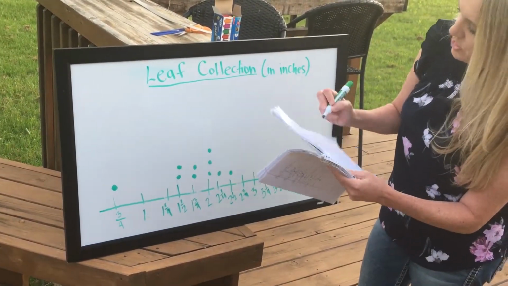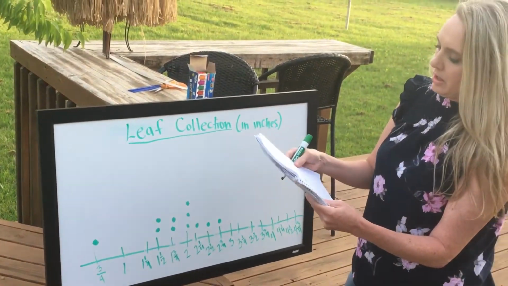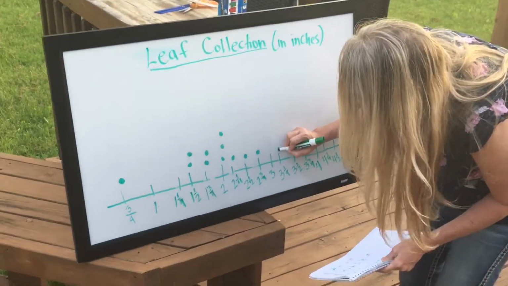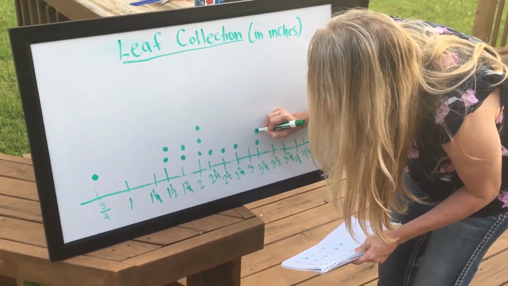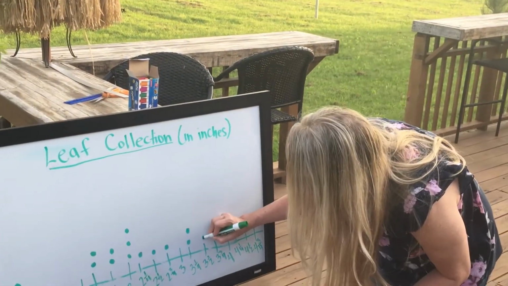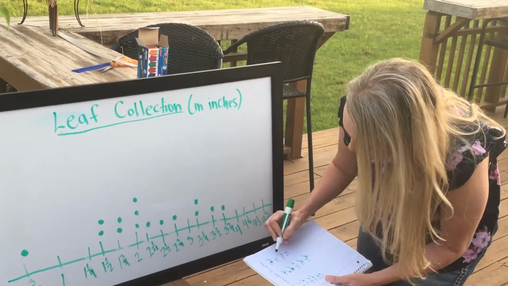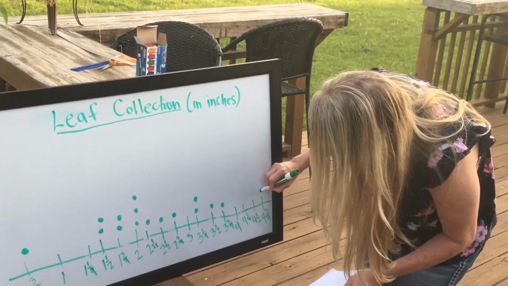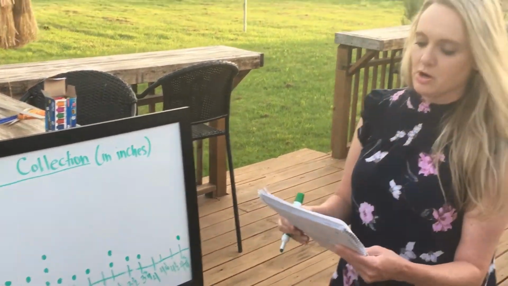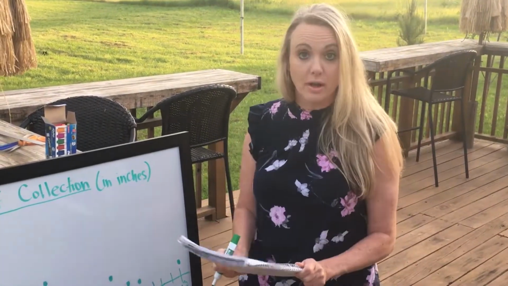I have a 2 3/4. I have a 3 1/4. I have 3 1/2, 3 3/4, and then the really large oak leaf down there is 4 3/4. Now I'm gonna double check to make sure I got them all.